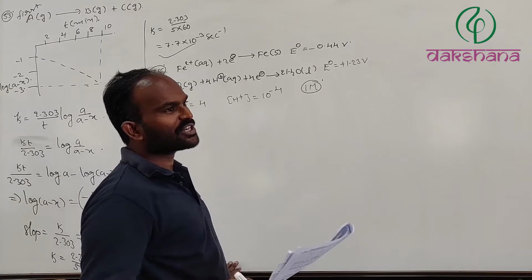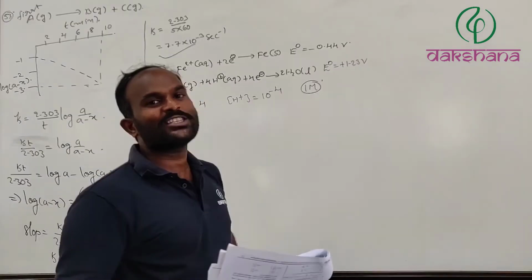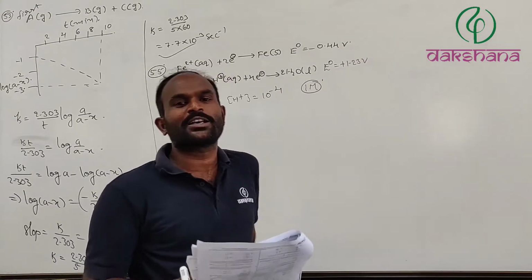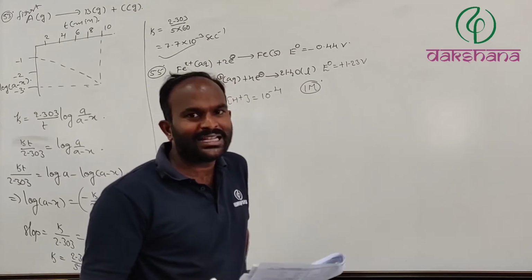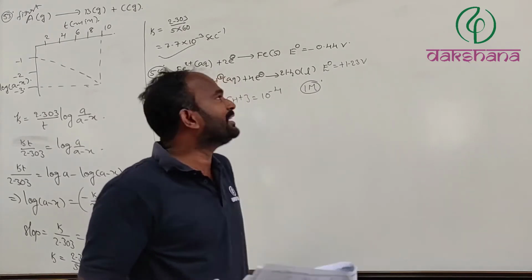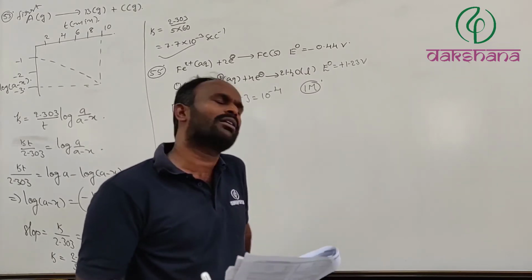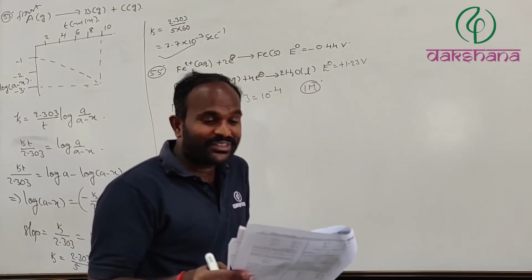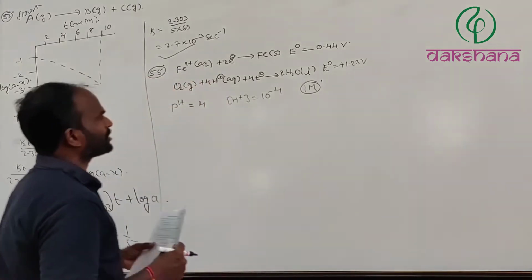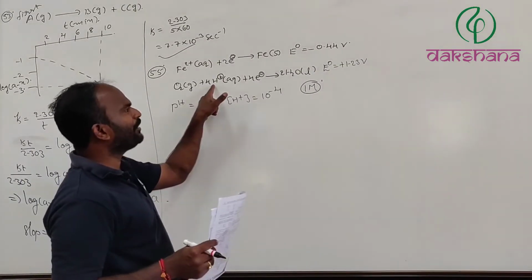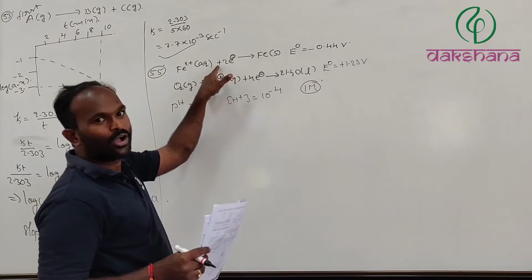The rule for the construction of the cell, as we all know, is that the one having the more positive SRP should be written on the right-hand side, which means it acts as the cathode, whereas the one having the less positive SRP or negative SRP value can be written on the left-hand side. Therefore, this can undergo reduction, whereas this can undergo oxidation.